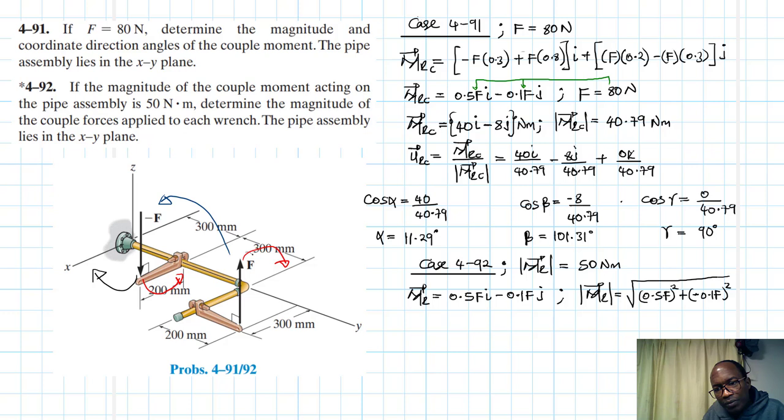So let's sum up all that stuff in there. Once we've done so, we can equate it to 50. So 0.5 squared plus 0.1 squared, what do we get?